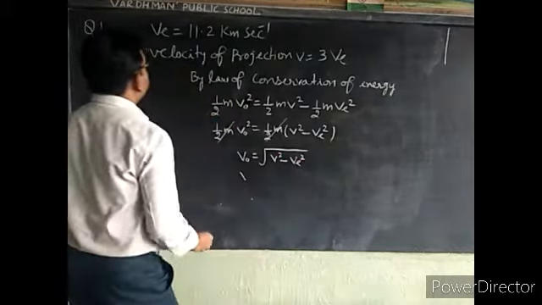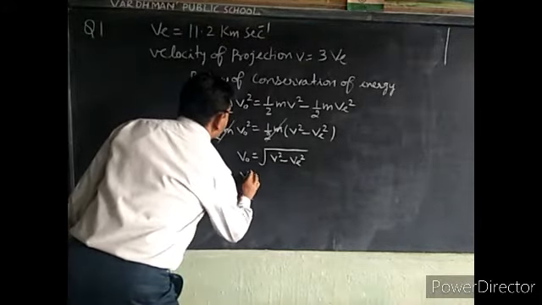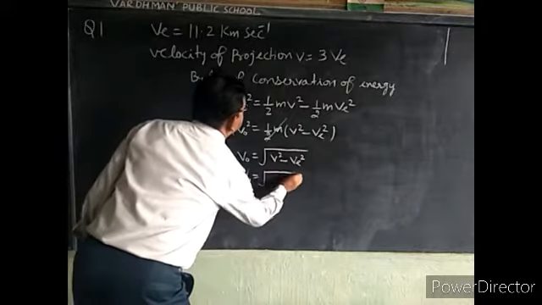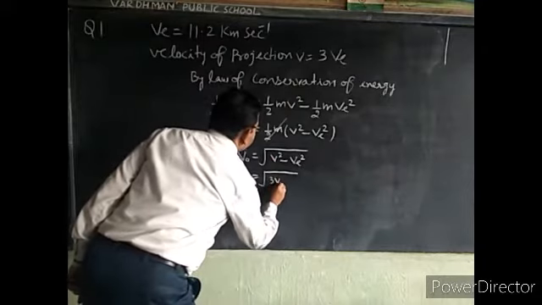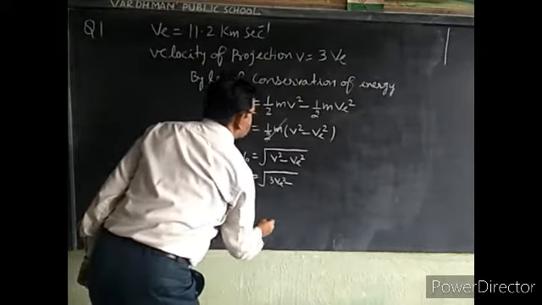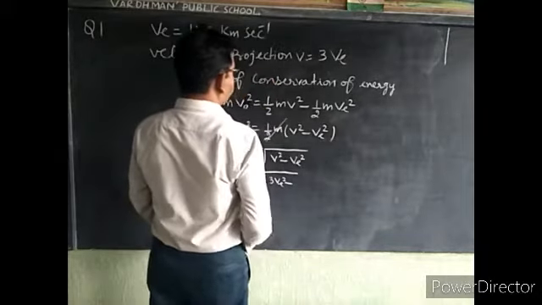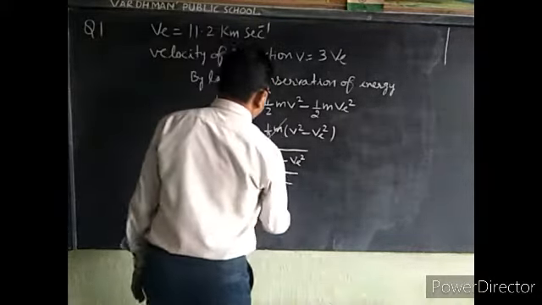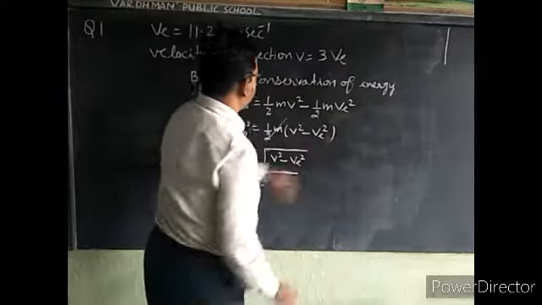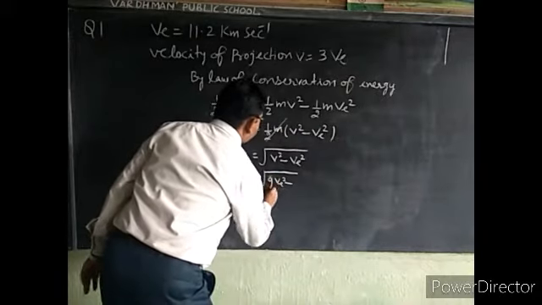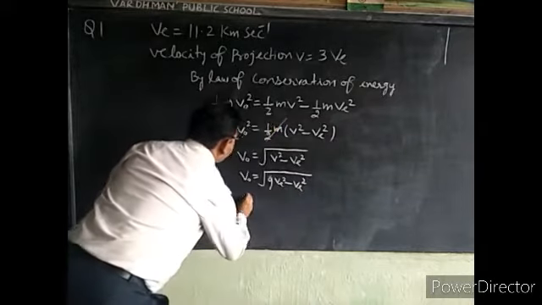That is, vo is equal to under root of 3Ve whole square minus Ve square, that is 9Ve square minus Ve square.